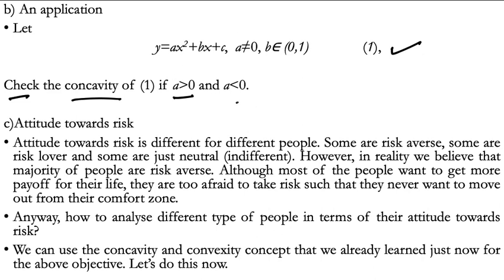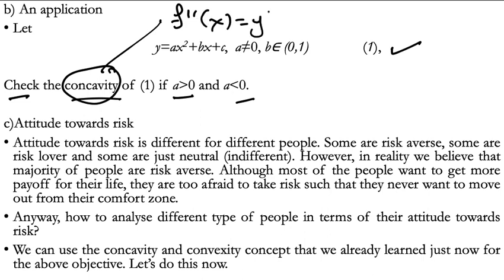Check the concavity. When we say you need to check the concavity, it means you need to check the f double prime x or y double prime. Okay, and we know that b is between 0 and 1. So given these two information 1 and information 2, check the concavity of expression 1.